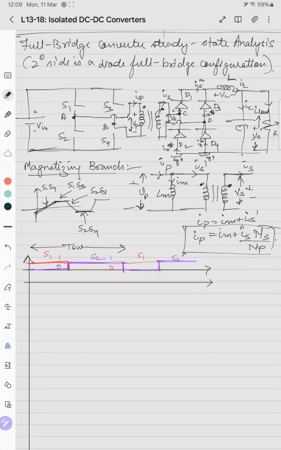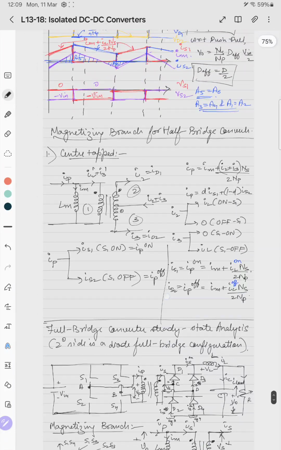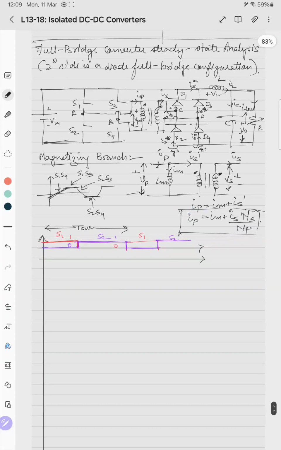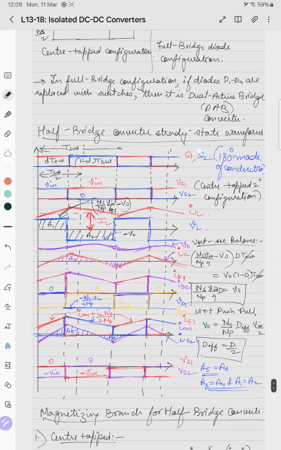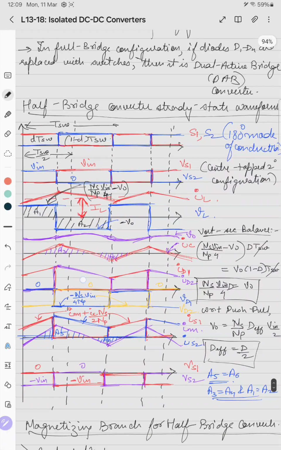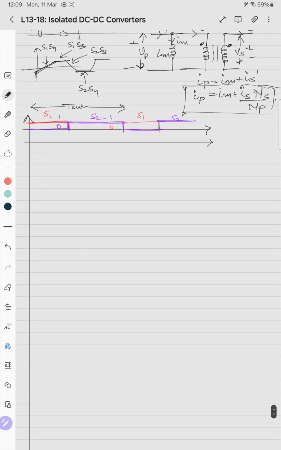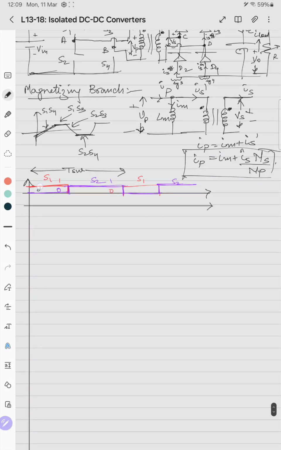Here there is no need to draw the T switching by 2, because here we are not seeing that the duty ratio for each of the switches is maximum of half. That's why even in the half bridge converter we drew T switching by 2, but there was no need to draw and analyze it. So we will not draw it again. This is T switching, this is D into T switching, and this is 1 minus D into T switching.